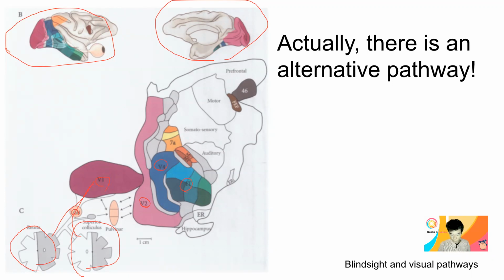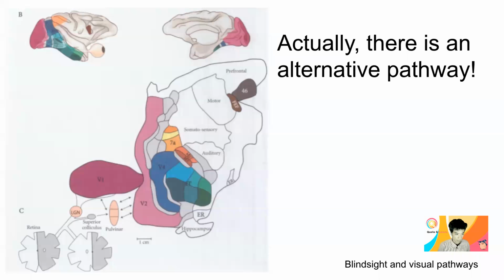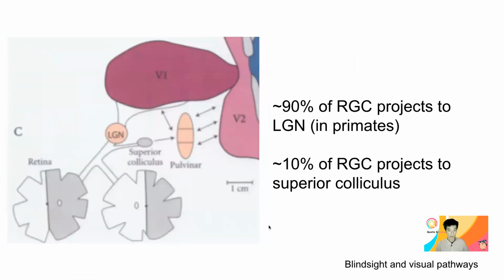However, if you are astute, you might have noticed that there is something here called superior colliculus and pulvinar. If we look at it more carefully, here are the axons from retina to LGN and to V1. But there's a branch that goes into this small thing called superior colliculus, and that goes into pulvinar.